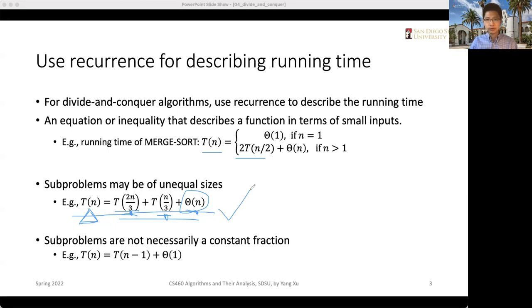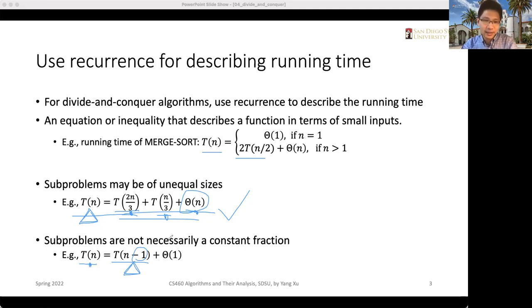And in other more rare cases, we can even have dividings results like this. We basically solve the original problem by solving a smaller problem that is only one element fewer than the original input. That is also possible, okay?